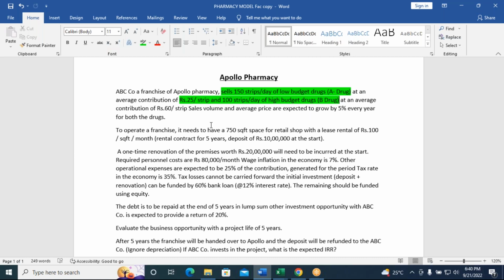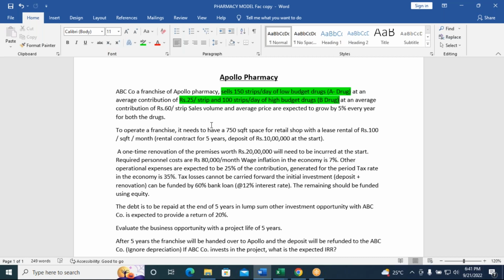Deposit is like an initial amount which we have to pay, and renovation is like when we renovate or when we bring upgradation in something, like in our property, in our technology, other things. Okay, so she's explaining, is everybody able to follow it? Everybody understood it? I want my students to be interactive with me.